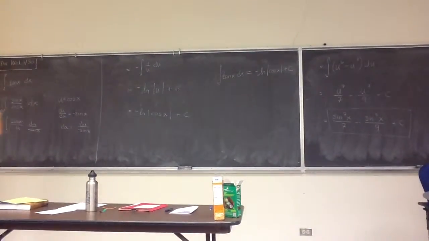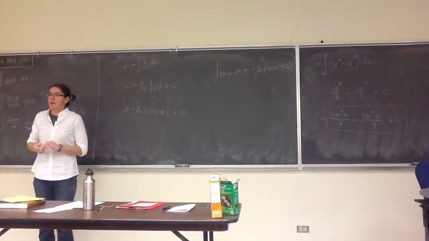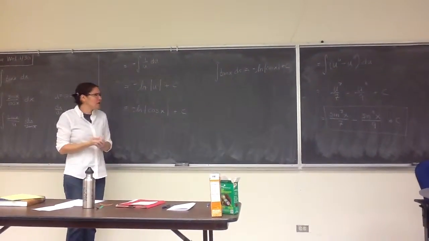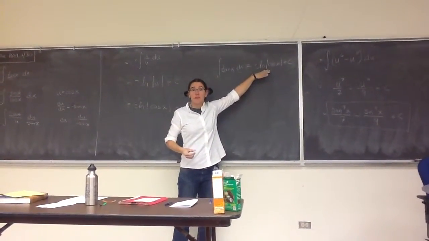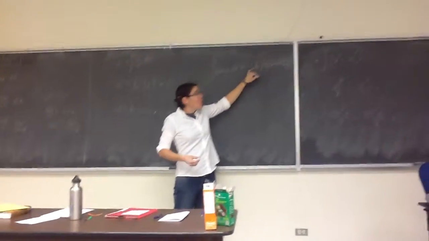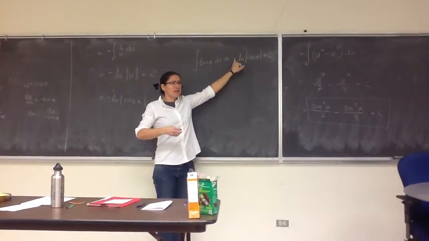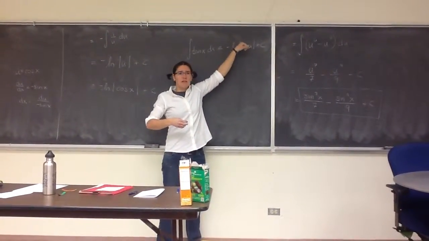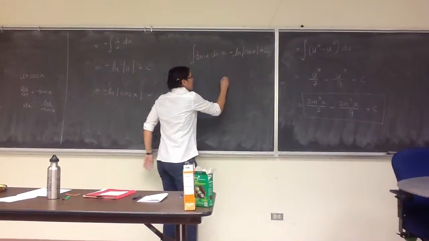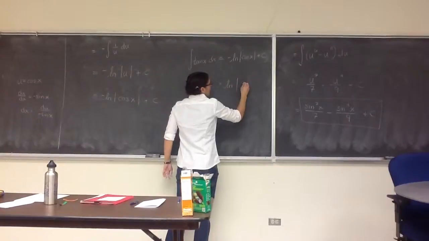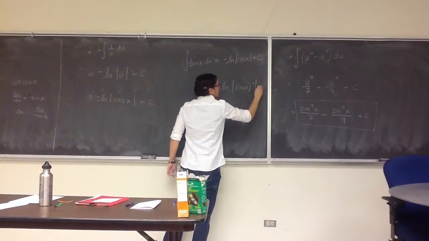Before you box that off and call it a day, if you check inside your textbook, you'll notice this is not exactly what they have. Remember that there are properties of natural logs. If you have a constant in the front, you can bring it inside the absolute values and it becomes a power. So this is the same as the natural log of the absolute value of cosine of x raised to the negative 1, plus c.